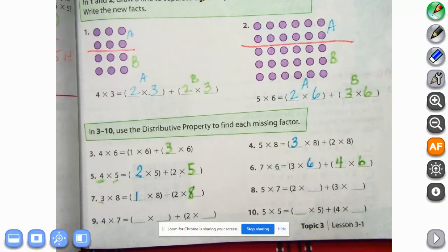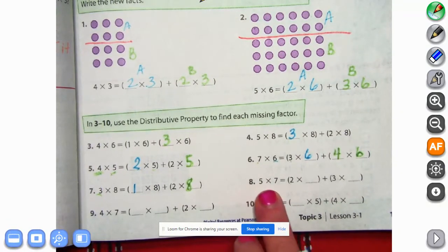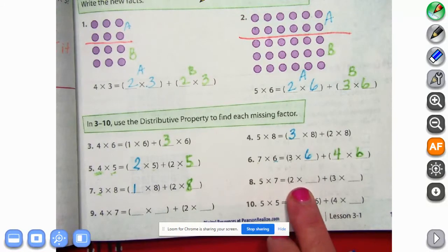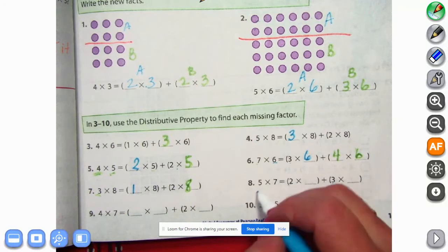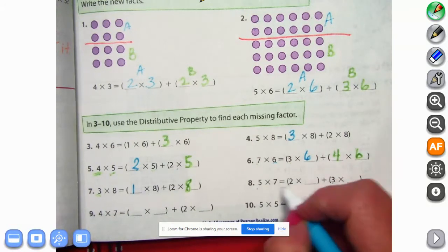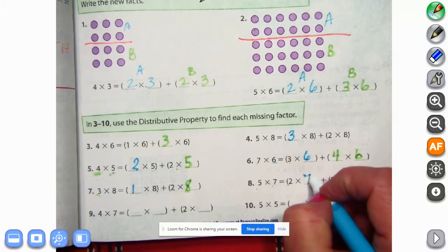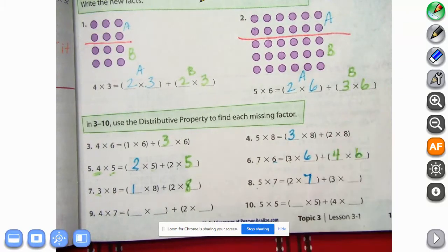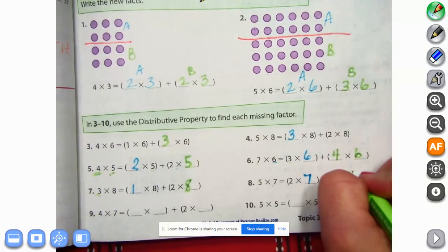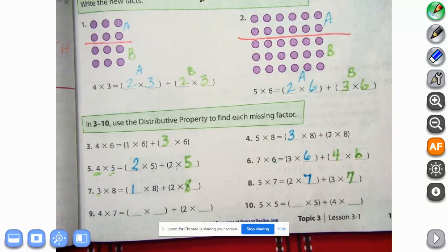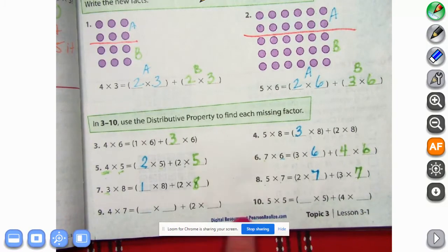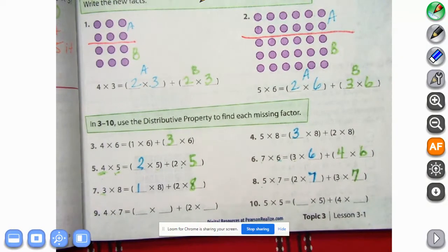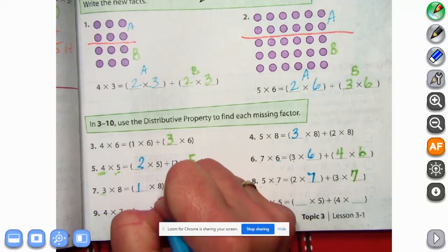Okay, number 8, 5 times 7 is equal to 2 times blank plus 3 times blank. Okay, 2 and 3 make 5. And we know that times 7, because we're not breaking up the second number. We're just breaking up the first one on this one. Later on, we'll break up the second one. So they're both 7. Number 9, 4 times 7 is equal to blank times blank plus 2 times blank. So we know that this is 7 here.